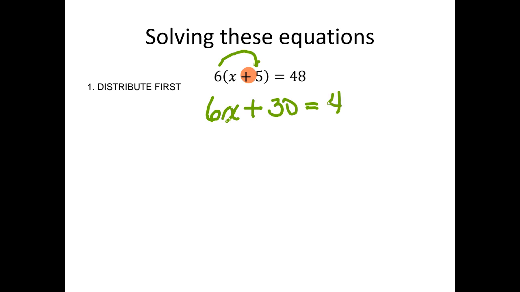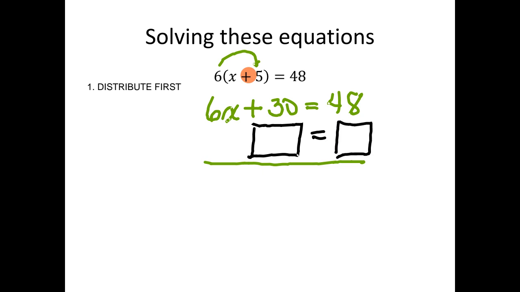Now I'm going to do block right below the 30 and right below the 48. I've got to get this 6x all by itself. So, second step, subtract 30 from both sides.